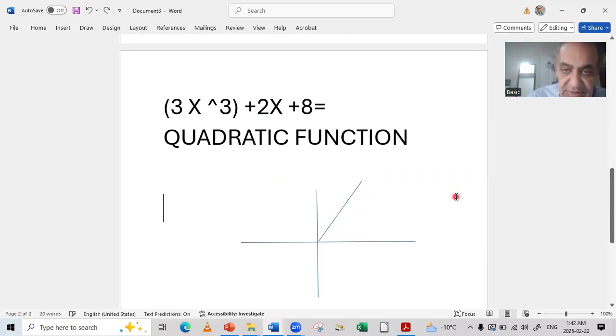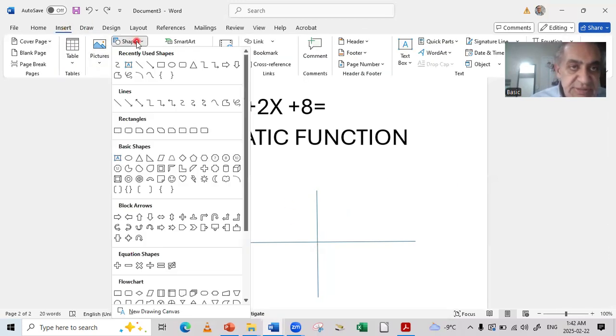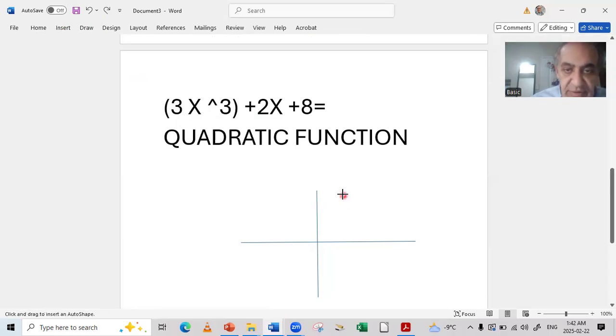Ctrl plus Z, Ctrl plus Z. Let me go to insert shapes here. And I just want something like the curve here. Yeah, this will give me a curve, I think. I hope so. It didn't give me a curve exactly, but okay.